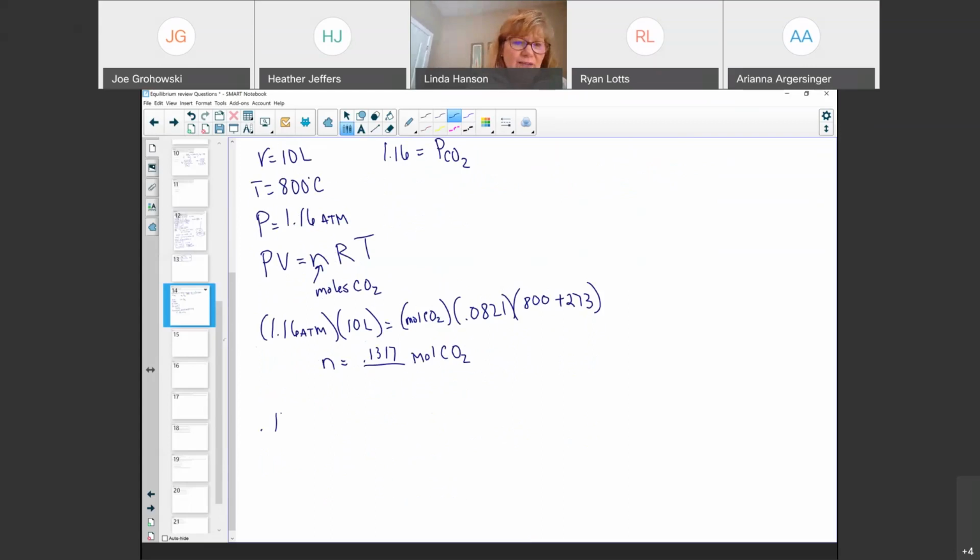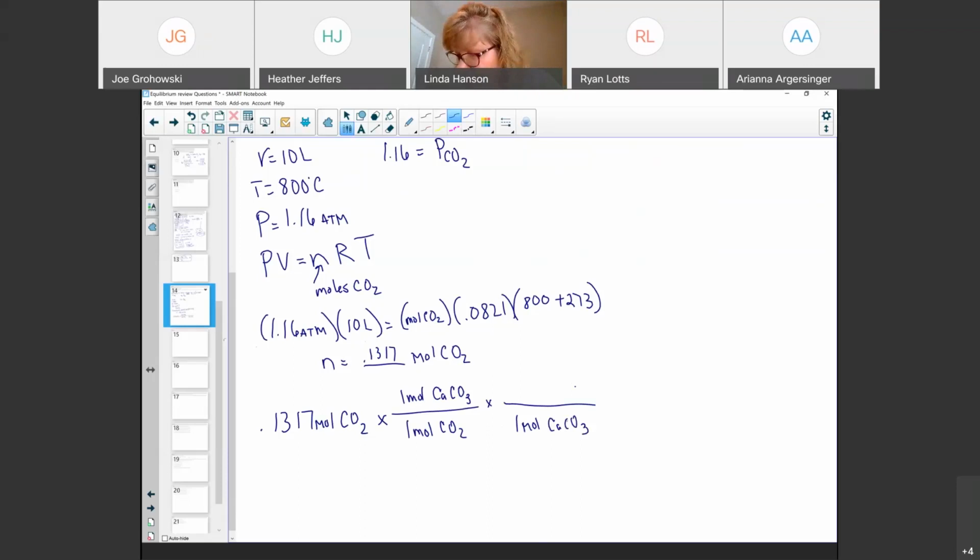So for 0.1317 moles of carbon dioxide produced, I required the same number of moles of calcium carbonate, and I can convert that to grams by using its molar mass. 40, 48, and 12. This is 100.